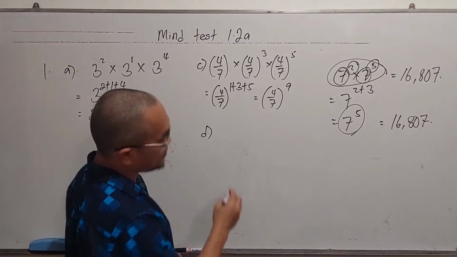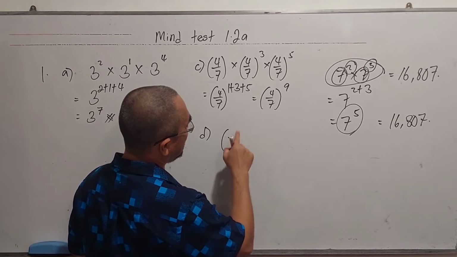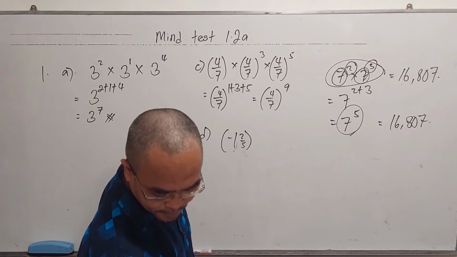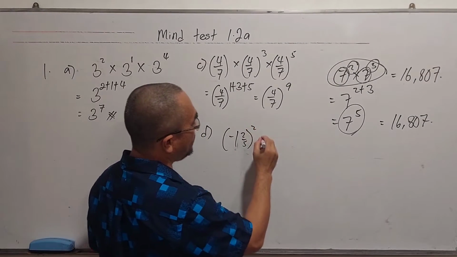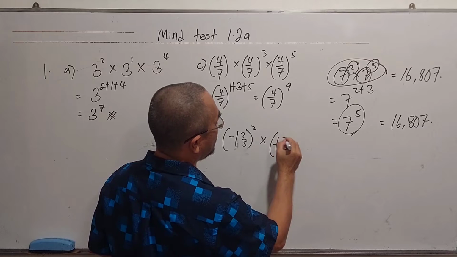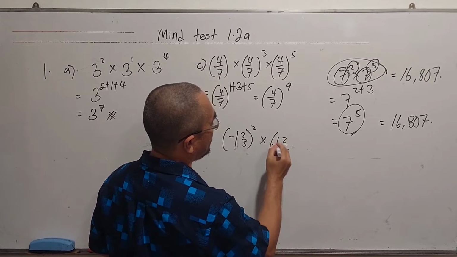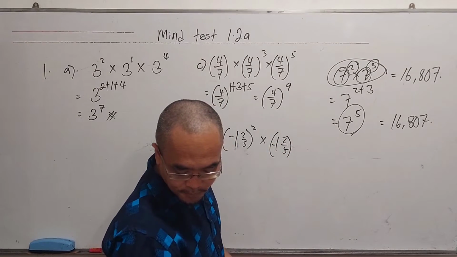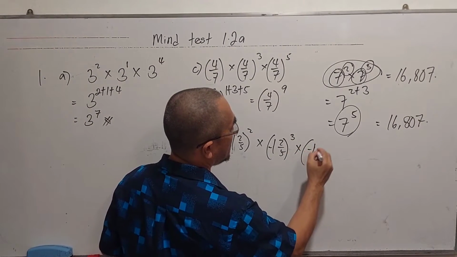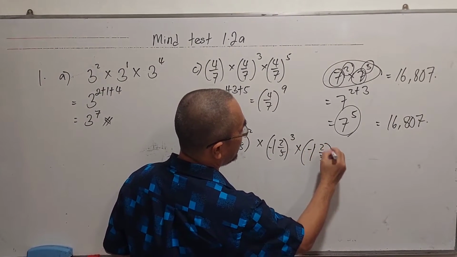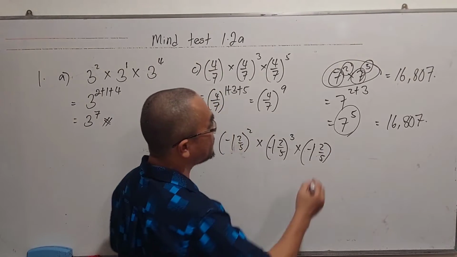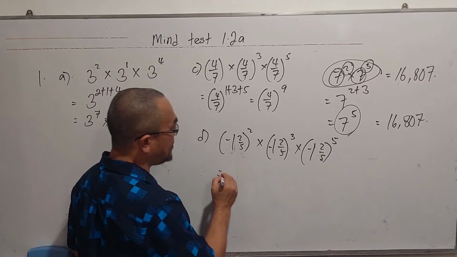D, negative 1, 2 over 5 to the power of 2 times negative 1, 2 over 5 to the power of 3 times negative 1, 2 over 5 to the power of 5, and simplify that.